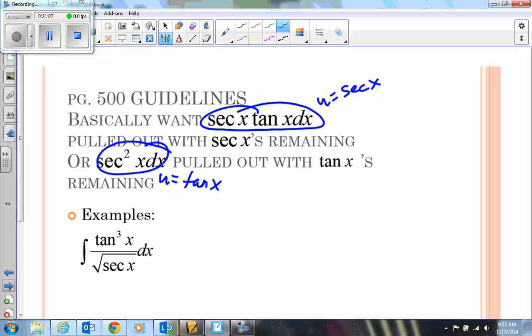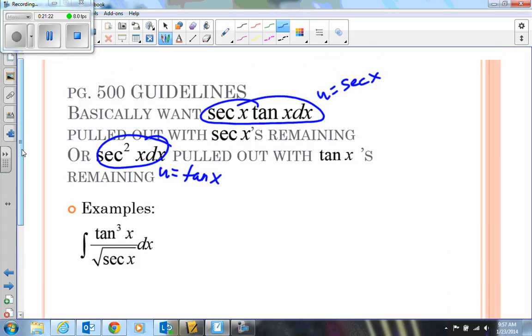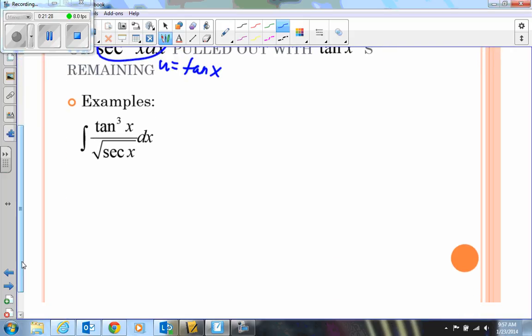So let's look at this first one. So pull out a tan. Well, we don't just want to pull out a tan, right? We either want to pull out a secant tan or a secant squared. Can I go ahead and rewrite this first?